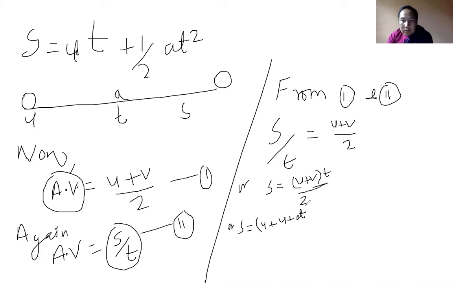Now bracket close, by t by 2, or s equal to, within bracket, u plus u means 2u plus at, bracket by t, divided by 2.